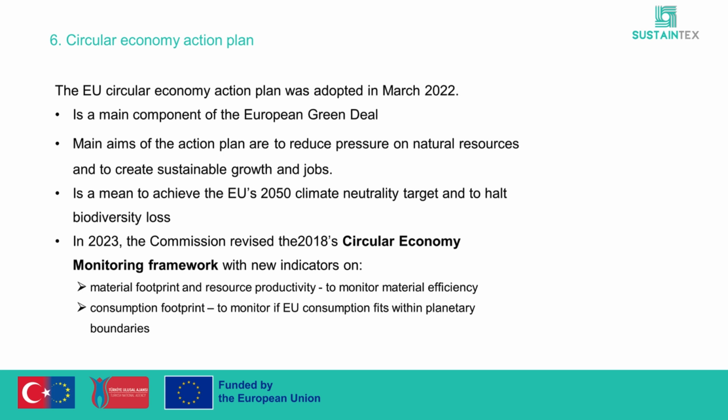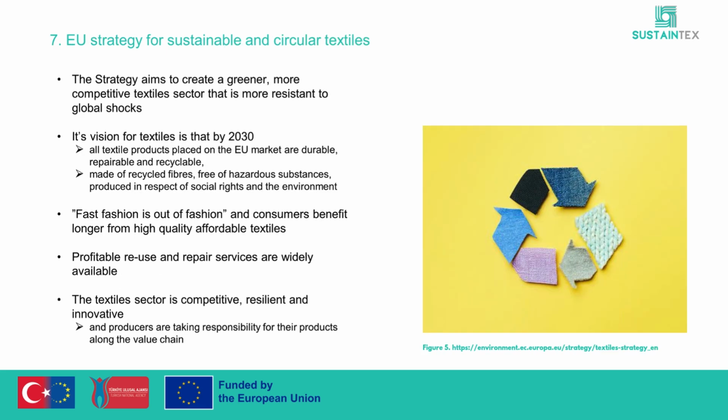within planetary boundaries. The EU Strategy for Sustainable and Circular Textiles aims to create a greener, more competitive textile sector that is more resistant to global shocks. Its vision for textiles is that by 2030, all textile products placed on the EU market are durable, repairable, and recyclable, are made of recycled fibers, free of hazardous substances, produced in respect of social rights and the environment.